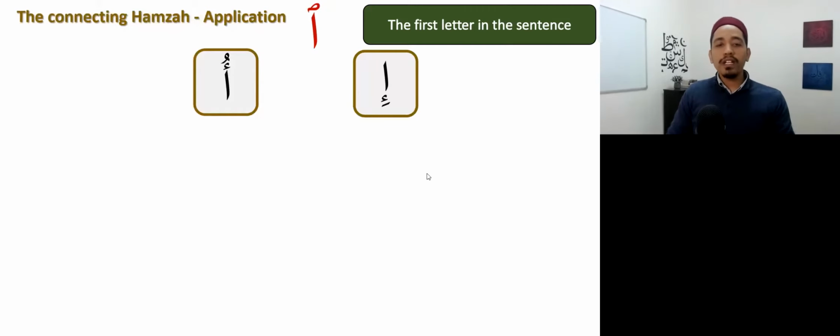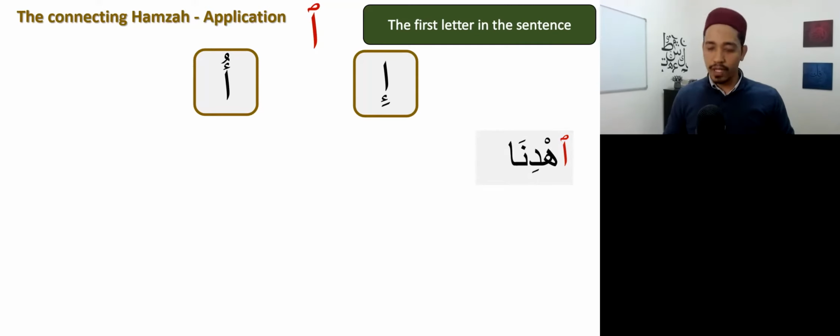Okay, when will it be read as i or u? Remember, we're speaking about when it's the first letter in the sentence. If it's not the first letter, we don't even discuss it. Just go outside, skipped. Okay, let's look at words that we know. So it happened to appear in Surah Al-Fatiha. Here we go.